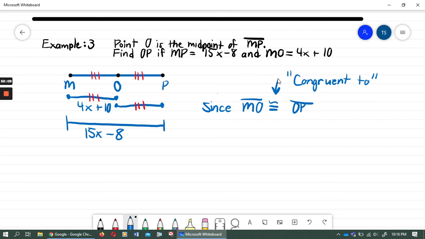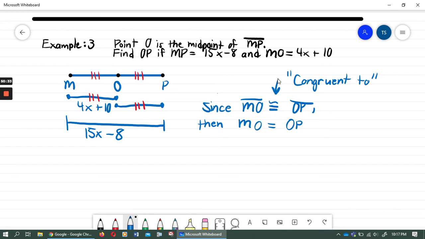Since those two segments are congruent, that tells us that the length of segment MO equals the length of segment OP. Since they're congruent, those two segments have to have the same measurements.